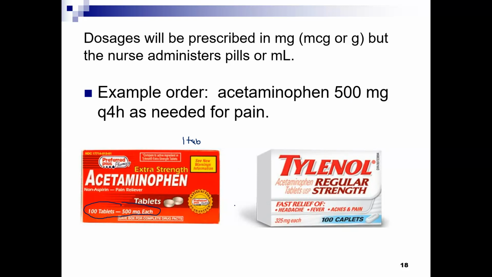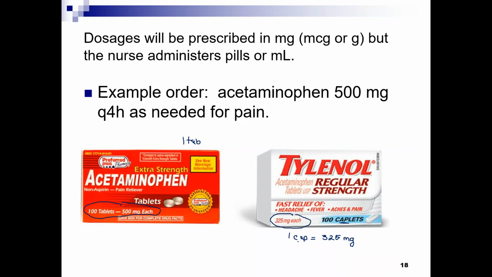And then I look at the second container, and this one tells me that it's 325 milligrams per each caplet. And so if I gave 1 caplet, that would equal 325 milligrams, which is not 500. And so this would be less of the pain med than the patient needed.